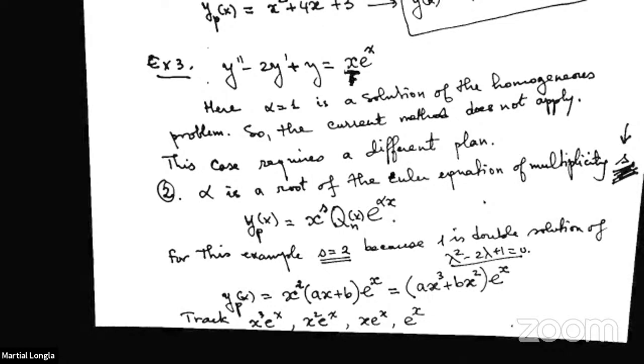And you might think, hey, how am I going to get 4 equations when I have only 2 constants in there? The good news is that, because s is equal to 2, your first 2 equations must give you 0 equals 0. If that's not the case, then there is something wrong that you're doing. So those first 2 are going to give you 0 equals 0, and you're going to use the last 2 to find A and B.